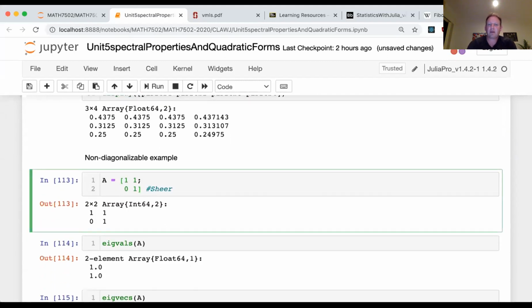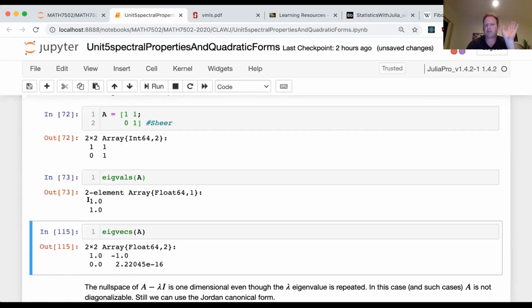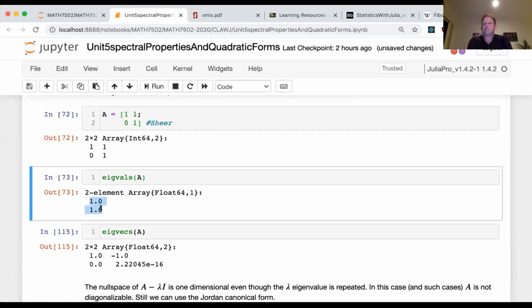One sign that we might be in trouble is that you see the same eigenvalues, but that's not always a sign. If we have distinct eigenvalues, then it's always diagonalizable, but there are cases where you have the same eigenvalues and it's still diagonalizable. For example, what are the eigenvalues of the identity matrix?